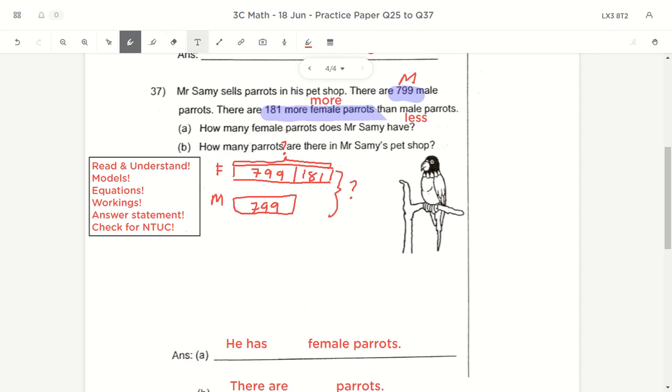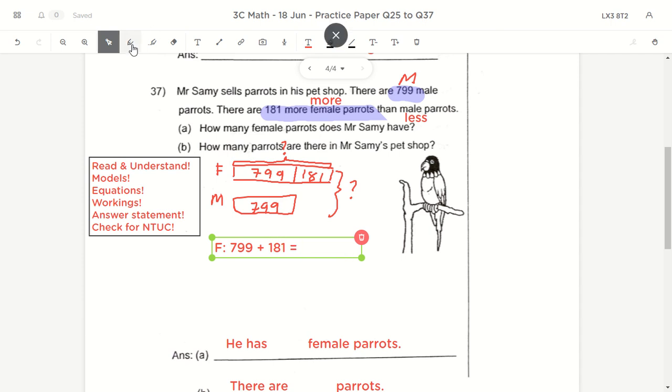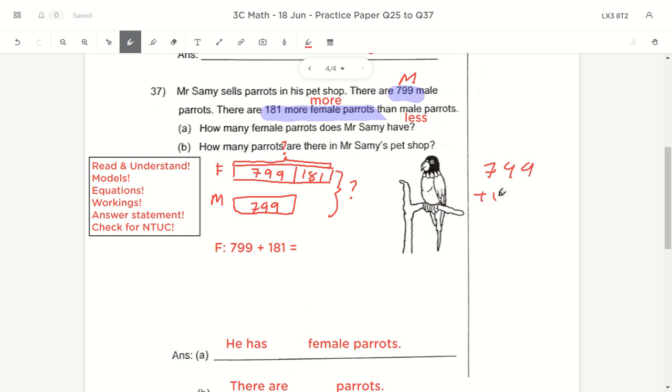All you need to do to find female is to use 799 add 181, which will give you the number of female. Let's work it out. 799 plus 181: 1 plus 9 is 10, 0 carry 1. 1 plus 8 is 9... 1 plus 7 is 8, plus 1 is 9.